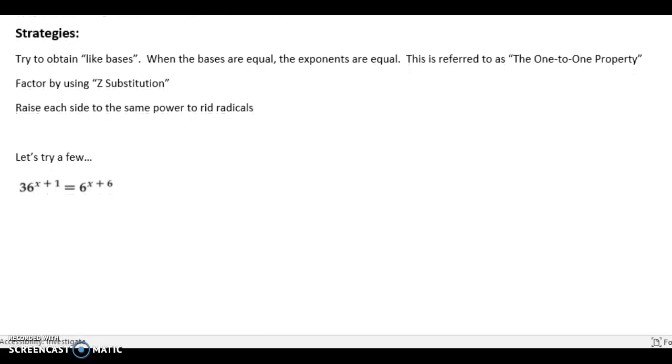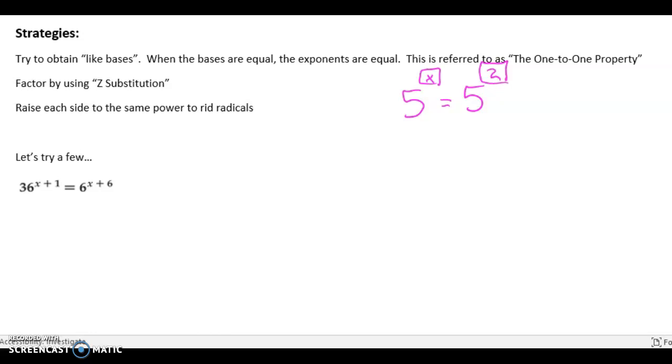There are a couple strategies I want to go over. One strategy is try to obtain like bases. When the bases are equal, the exponents are equal. This is referred to as the one-to-one property. For instance, here's a short example of that. If I had 5 to the x power equals 5 to the second power, you would know that x has to equal 2.